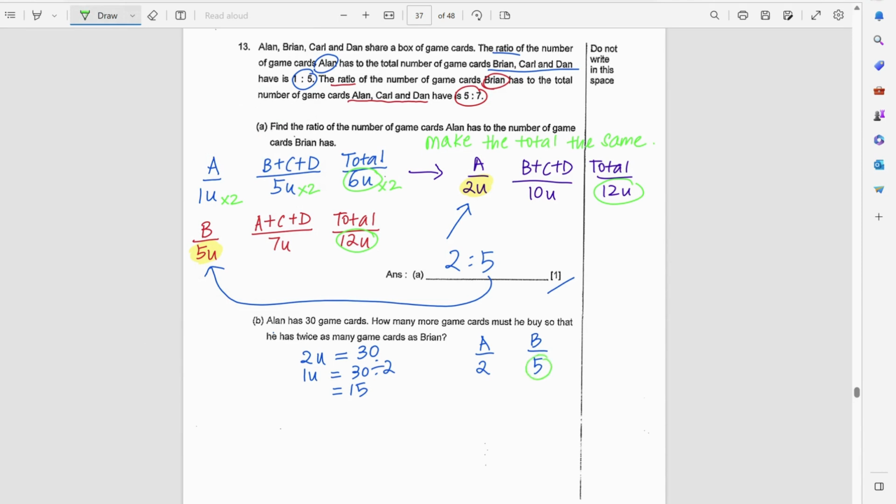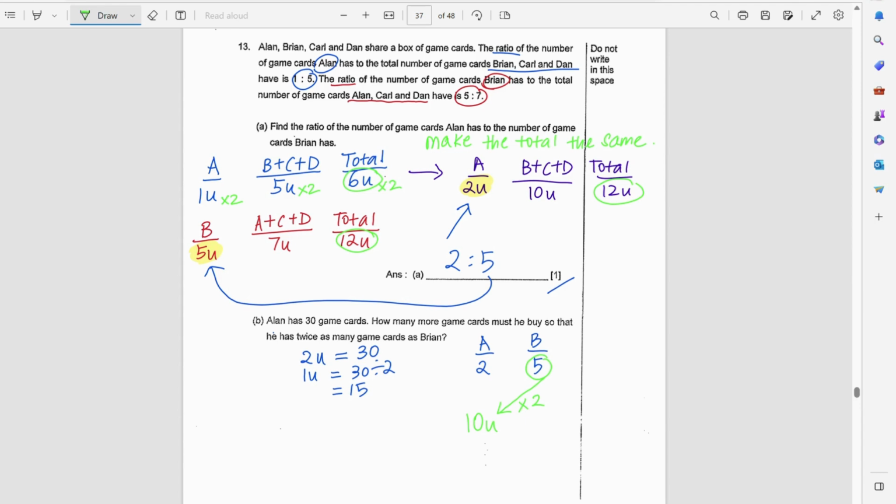Now, in order for Alan to have twice the number of game cards that Brian has, Alan has to purchase more cards, and he has to bring his total number of units of cards to 10 units. Why 10? Because in the end he has to have double that of what Brian has. So Alan, at the end of the day, needs to have 10 units of his cards.